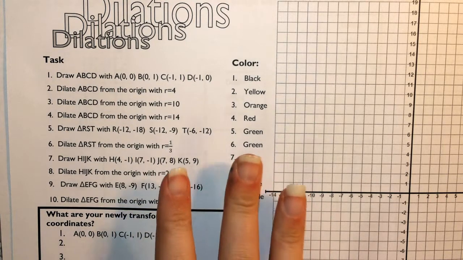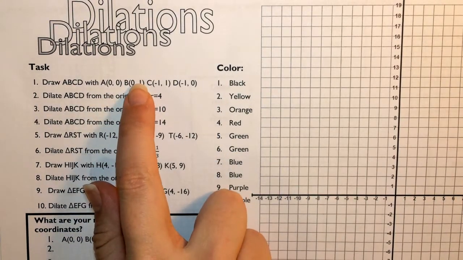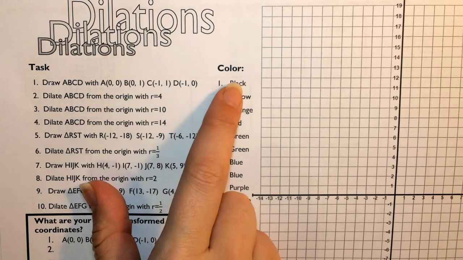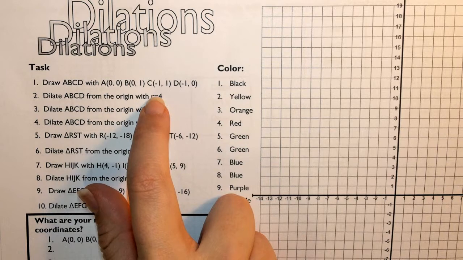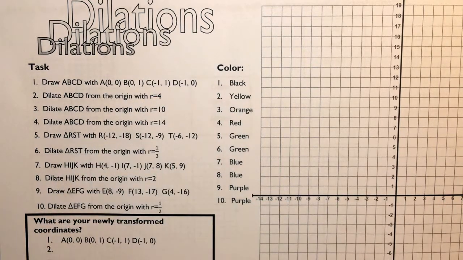Now, it tells you what to do, and it tells you the color to do it in. R is 4. Your ratio is 4. So if you want to find your new images, you're going to use your ratio to find the new piece, to find the new coordinate.